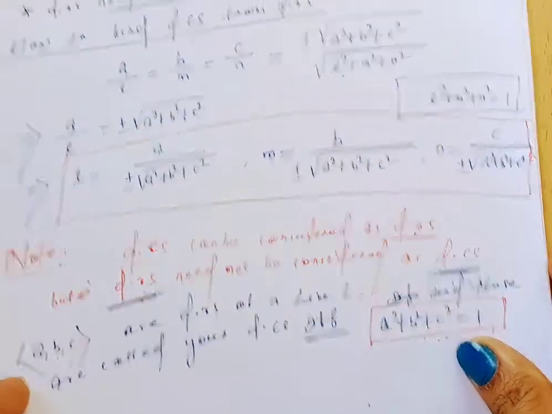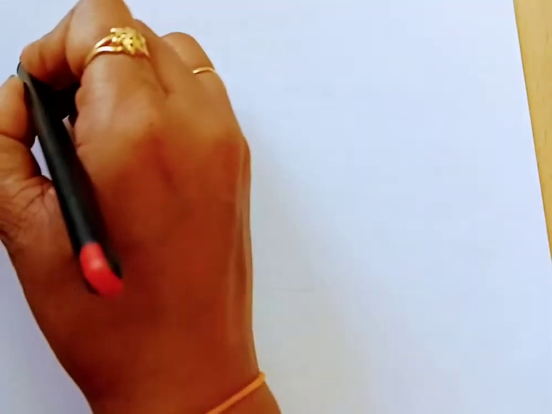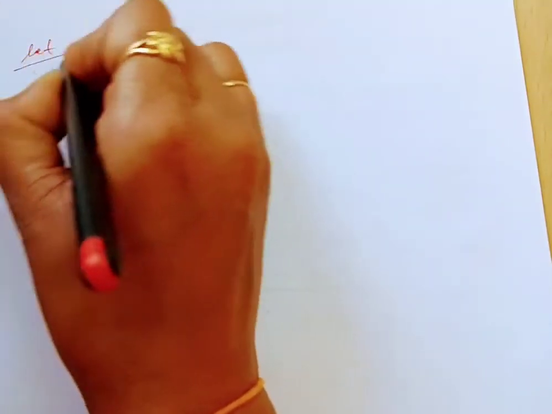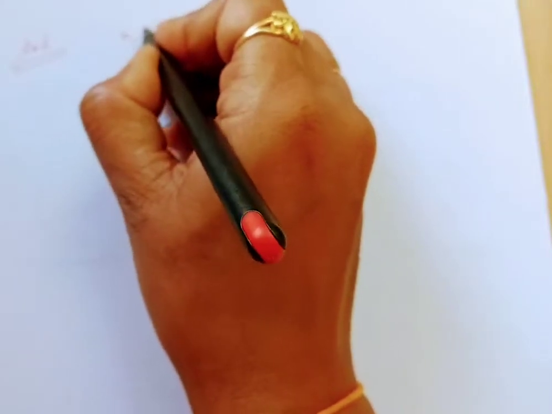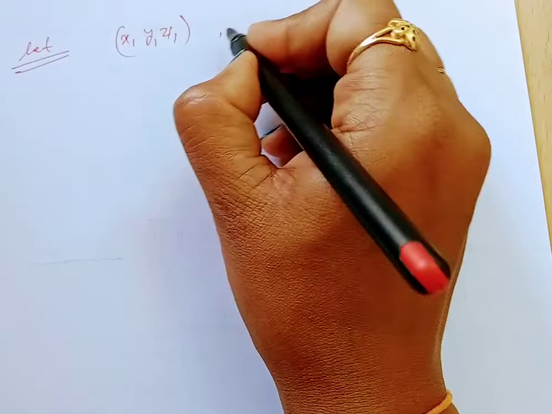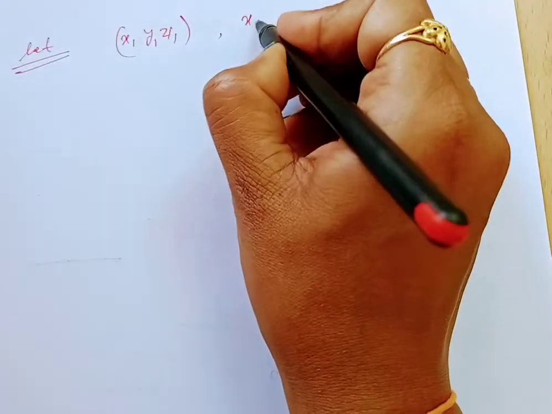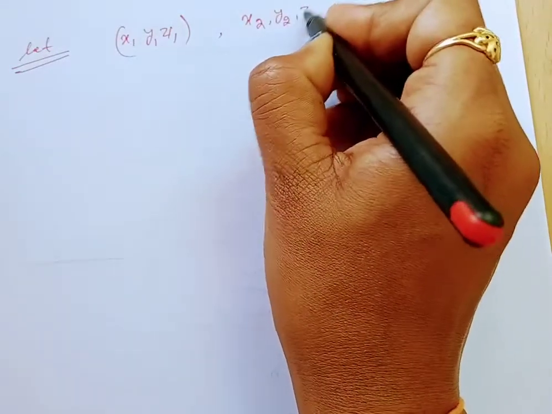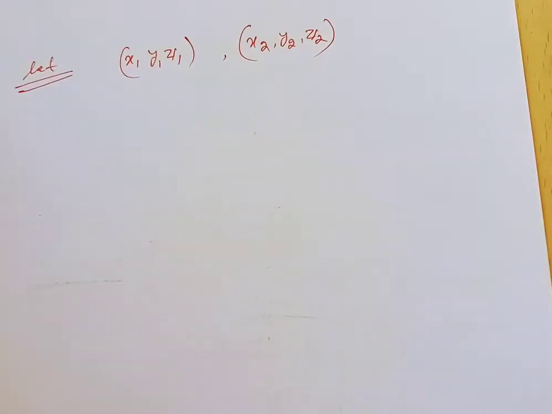And then another important formula for direction ratios: suppose two points are given to you, x1, y1, z1 and x2, y2, z2.